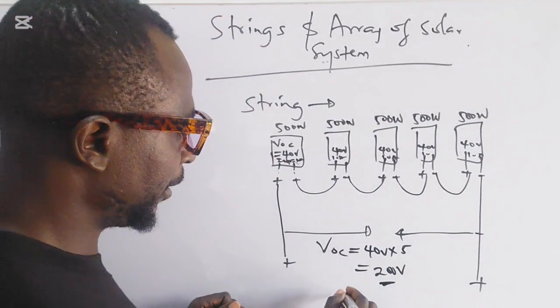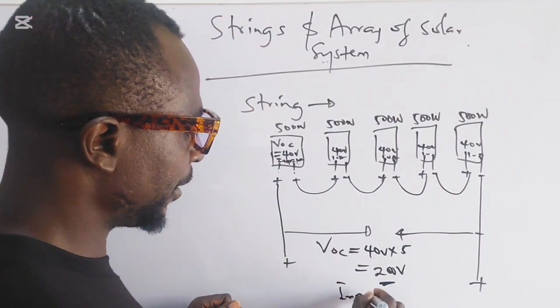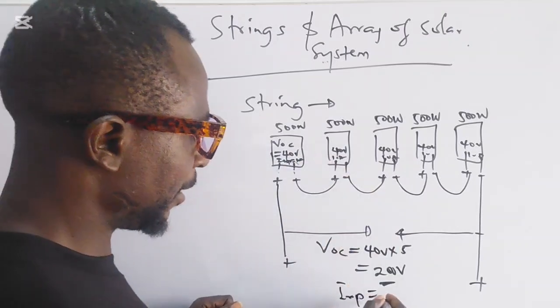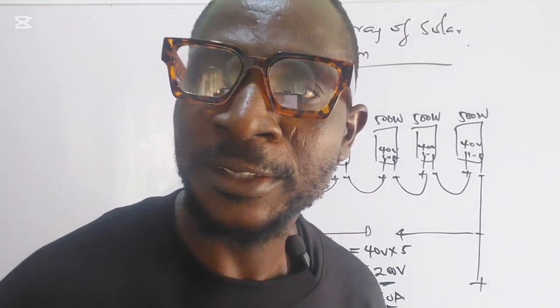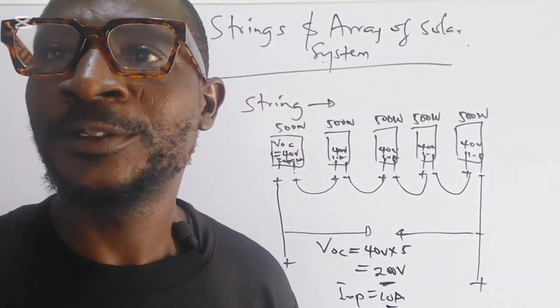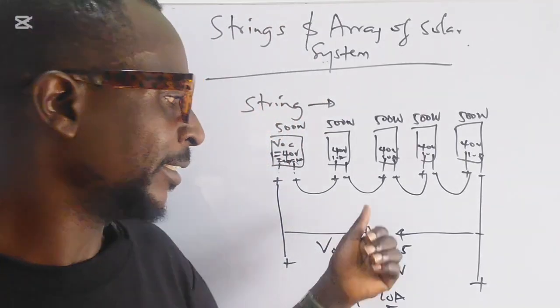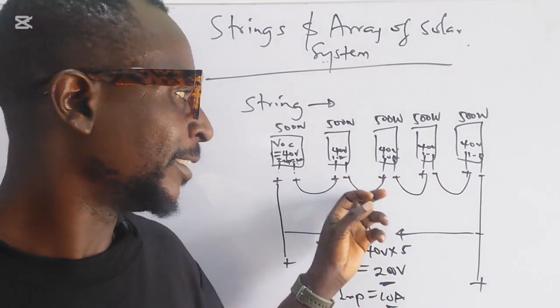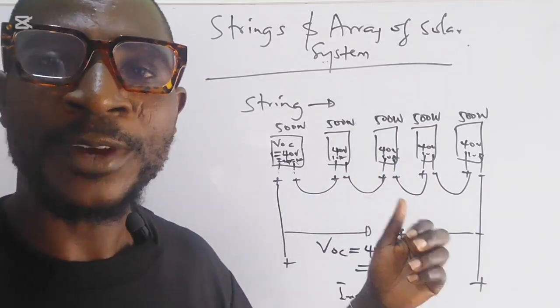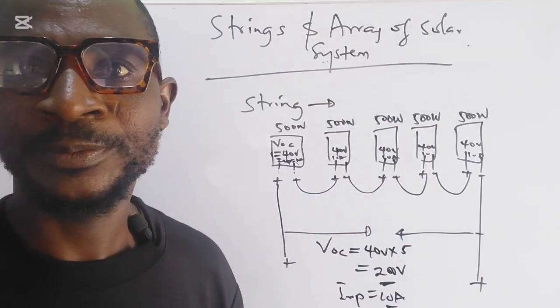So what of the current? The maximum current here, which is 10 amps, is still 10 amps. The same current flows through this system. In a series connection, the same current flows while the voltage adds up.